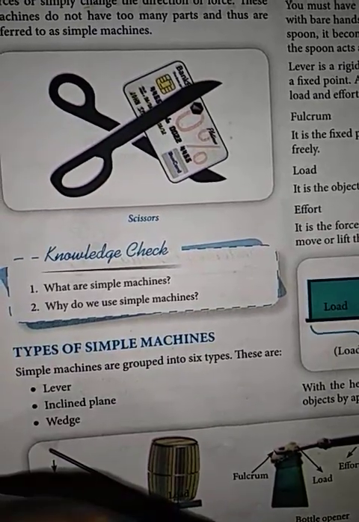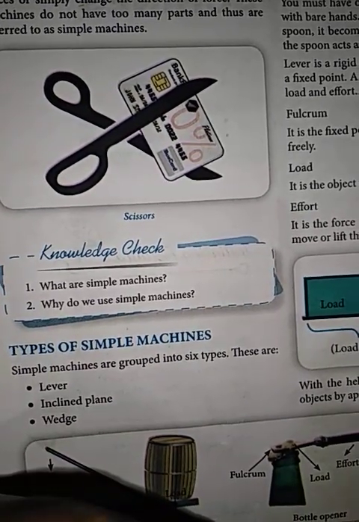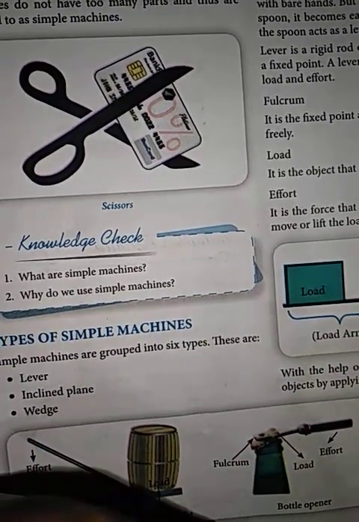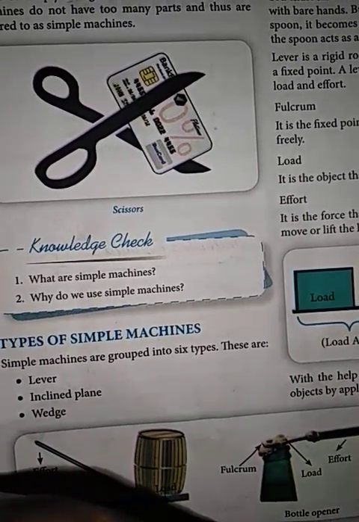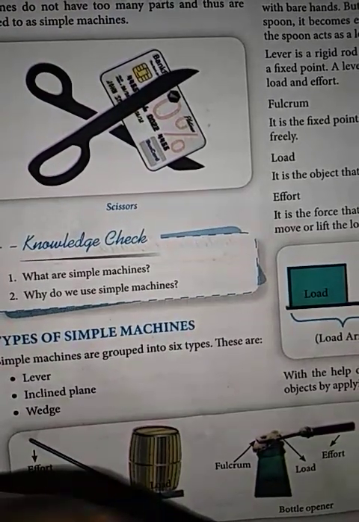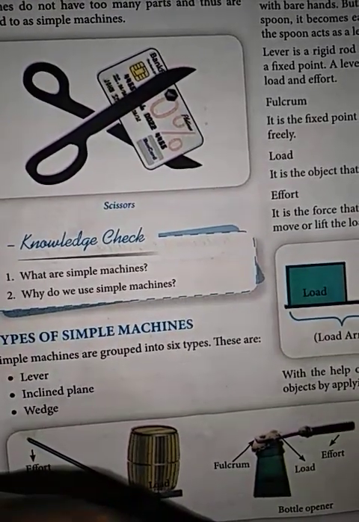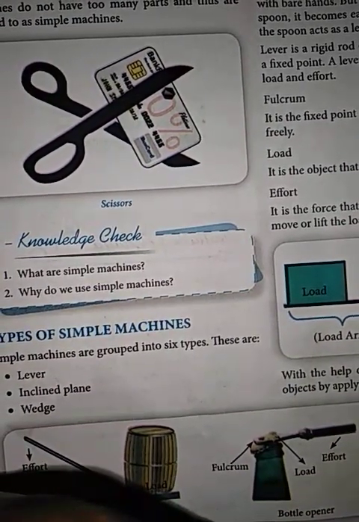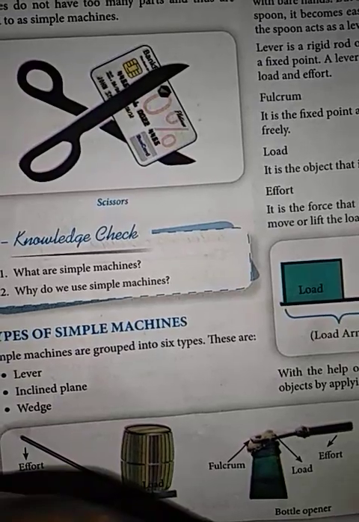What is a lever? A lever is a rigid rod or bar that moves freely around a fixed point. While opening the lid with the help of a spoon, the spoon acts as a lever.